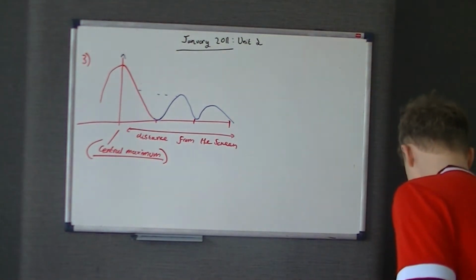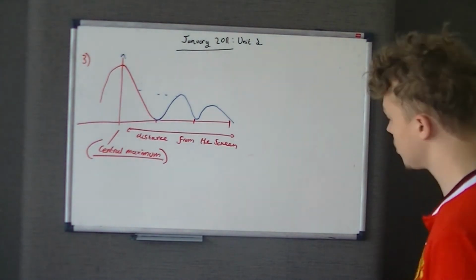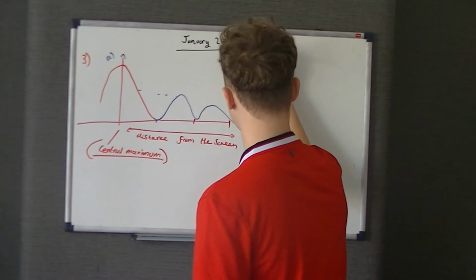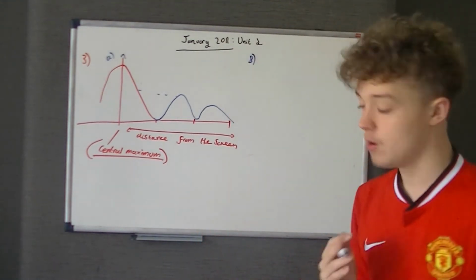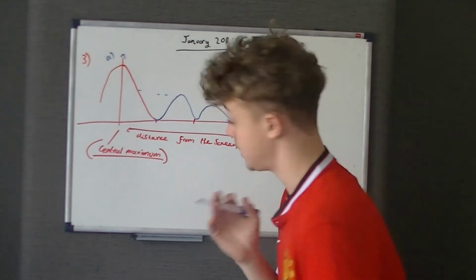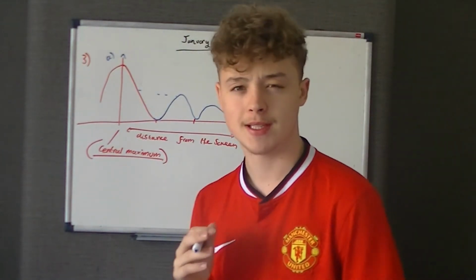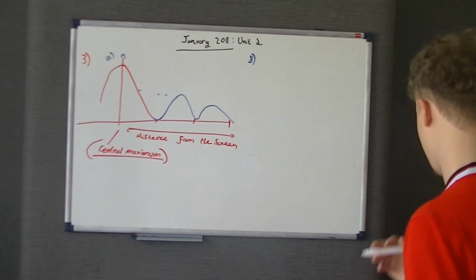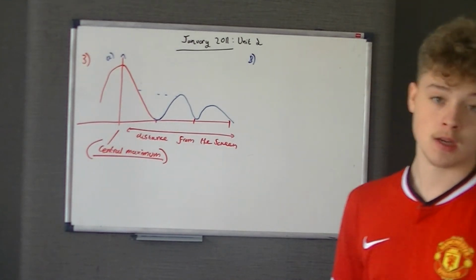So the next question, we talked about this before, so that's part A. Now part B. We mentioned it before, but I didn't go into too much detail, because this is what this question is asking. It says a laser is a source of monochromatic coherent light.